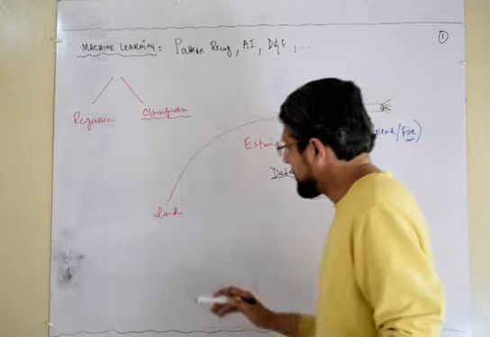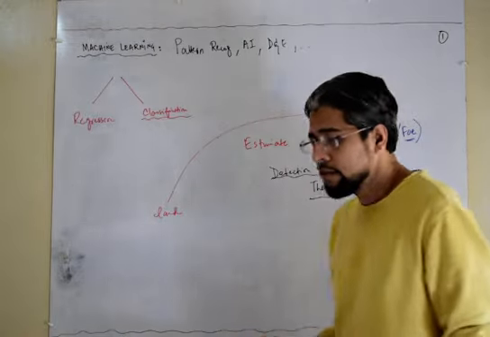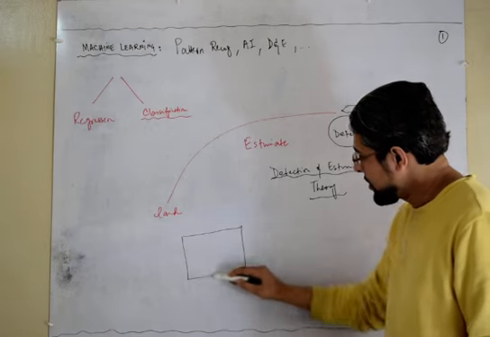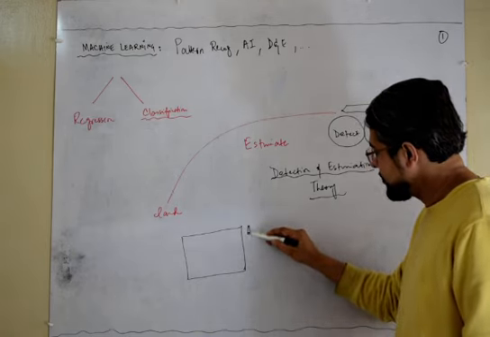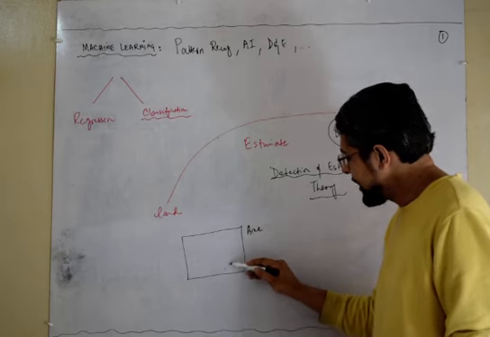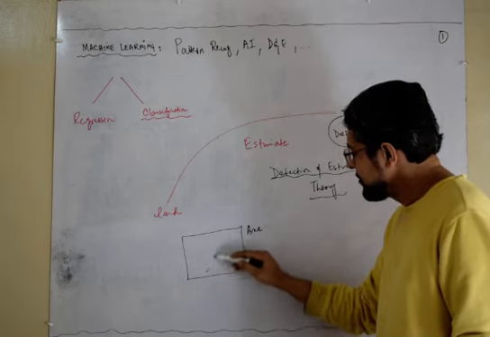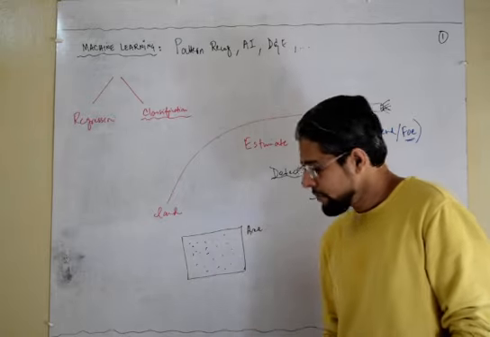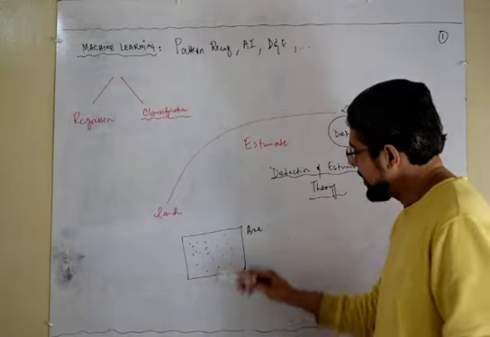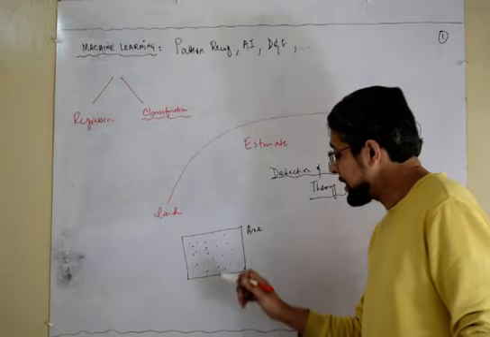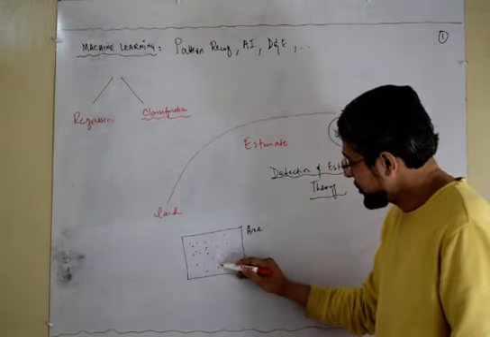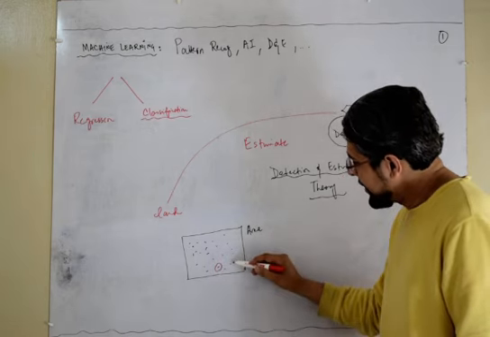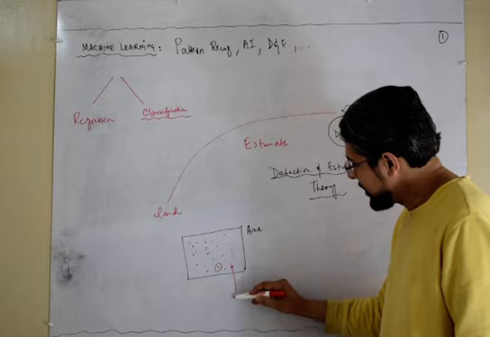Given a particular data point, let's say this is the area where you live, and these are the different houses, and this is where you live.